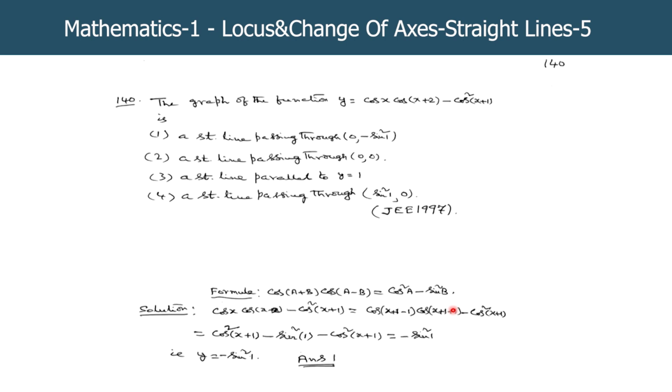So if you use that formula, that is cos square x plus 1 minus sin square 1 minus cos square x plus 1. So cos square x plus 1 and cos square x plus 1 cancel, and you get minus sin square 1. So y is equal to minus sin square 1. That graph passes through the point 0 comma minus sin square 1, which is nothing but a straight line. So the correct option is option number 1.